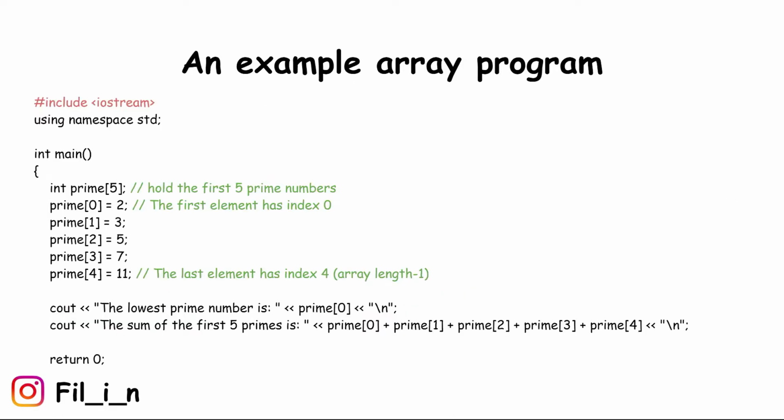#include <iostream> using namespace std; int main() { int prime[5]; // hold the first 5 prime numbers. prime[0] = 2; // the first element has index 0. prime[1] = 3; prime[2] = 5; prime[3] = 7; prime[4] = 11; // the last element has index 4 (array length - 1).